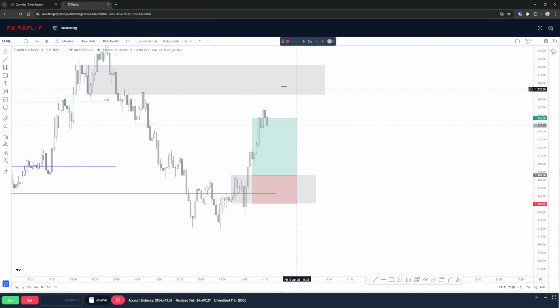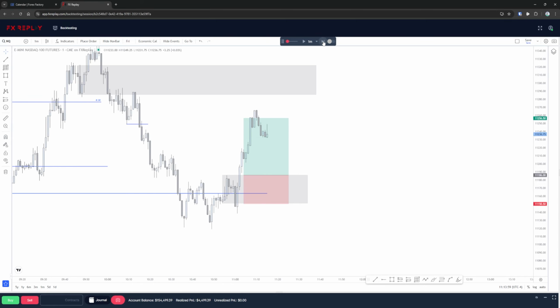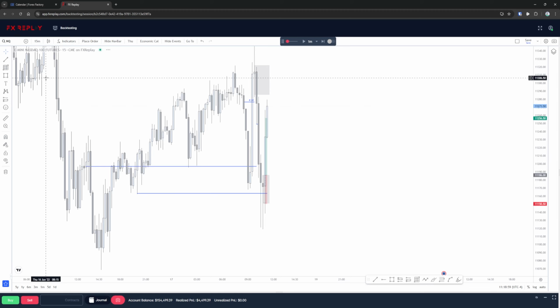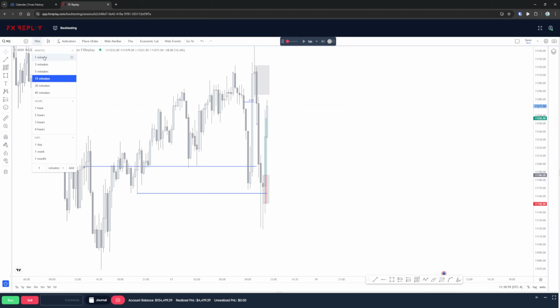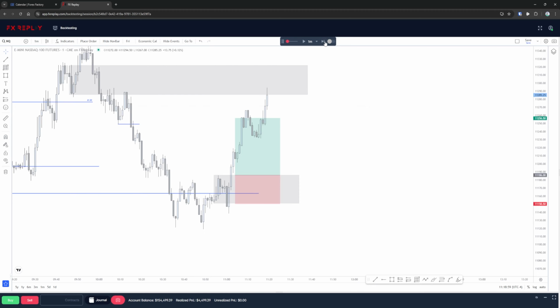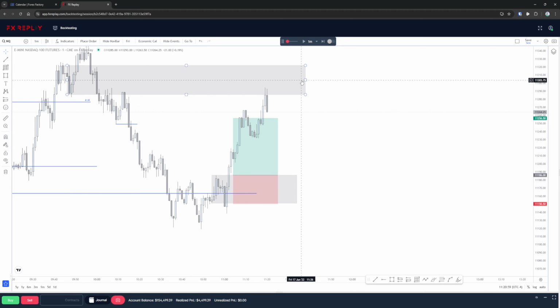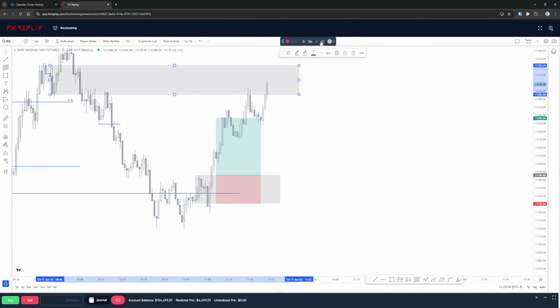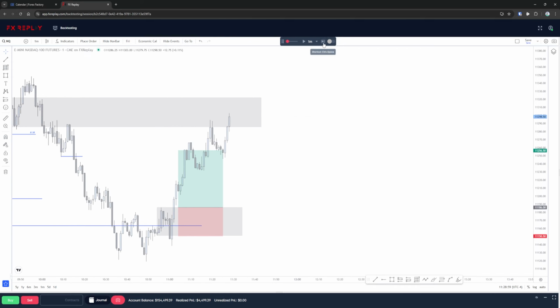Original, we have this original breaker block here. We are located at a bearish FEG there. So we tap now into this original breaker block. Doesn't obviously look like it's working though, does it?